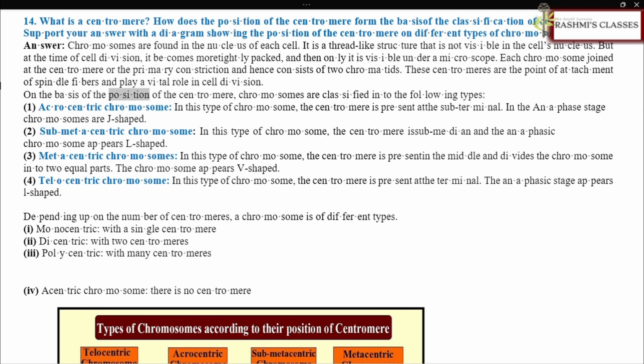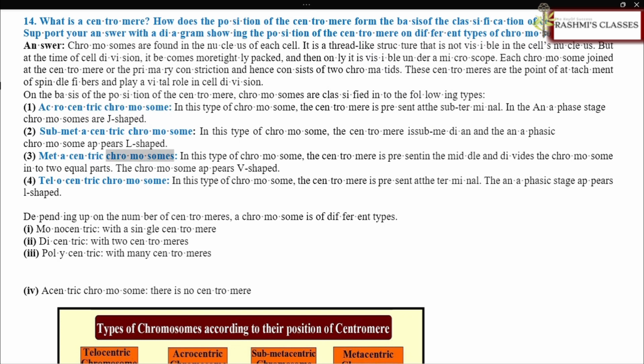On the basis of the position of the centromere, chromosomes are classified into the following types. Acrocentric chromosome. In this type of chromosome, the centromere is present at the subterminal. In the anaphase stage, chromosomes are J-shaped. Submetacentric chromosome. In this type of chromosome, the centromere is submedian and the anaphasic chromosome appears L-shaped.